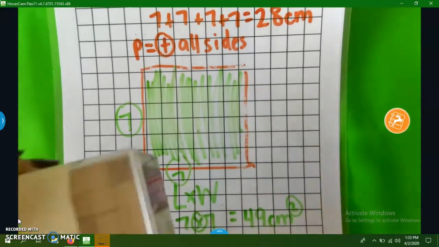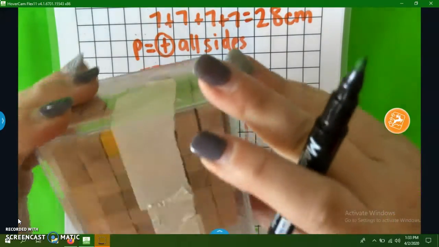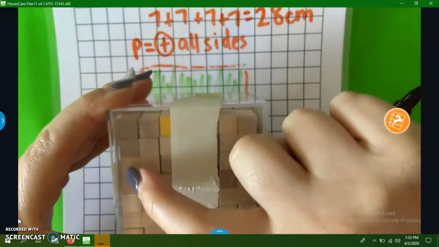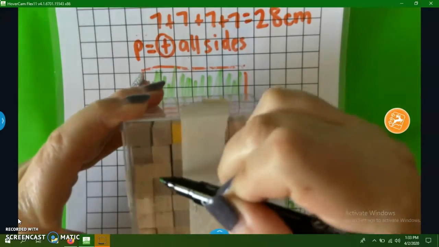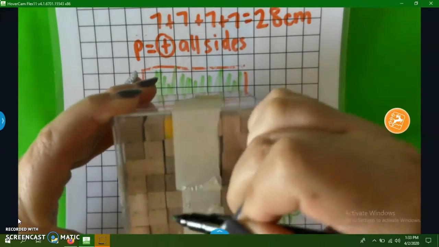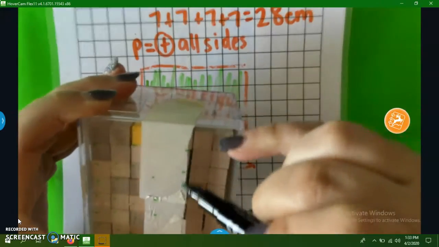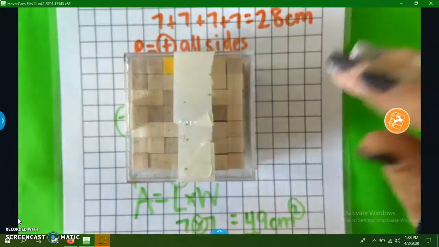Now, if I wanted to verify that 49, I could flip this over, or probably easier to count it from the top where you can see it better. I could count every single one of these squares that I can see, and that would come out to 49 total squares on that top layer, or the bottom layer if you're thinking about it that way.